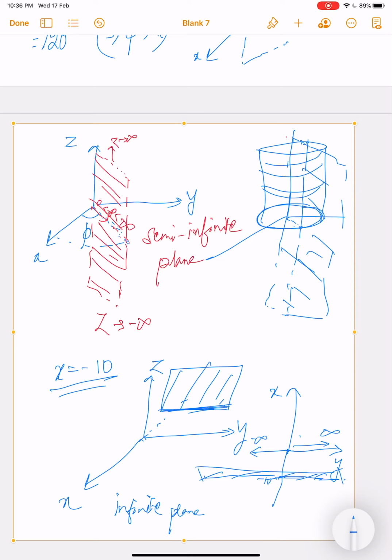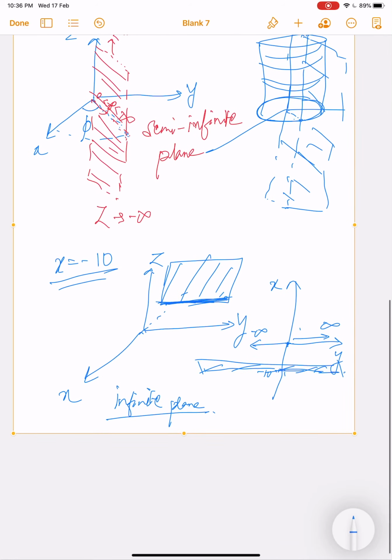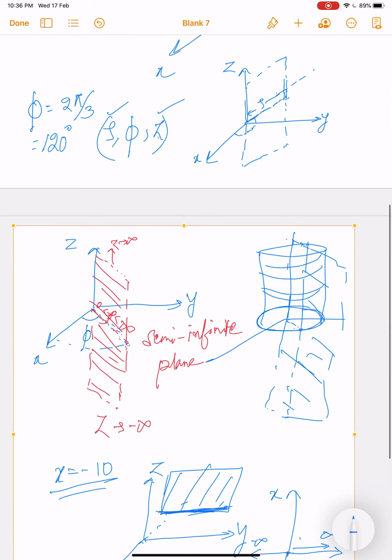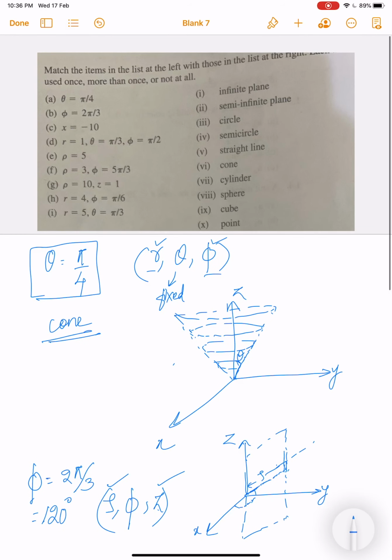And z also can vary from minus infinity to plus infinity. So it's totally infinite. Okay, an infinite plane, and you can see it is perpendicular to this x axis. Then next, our next question says r.